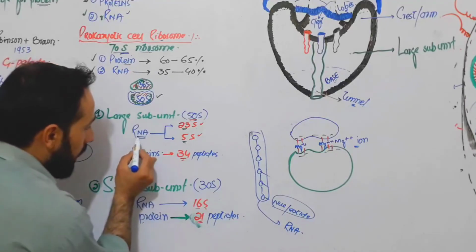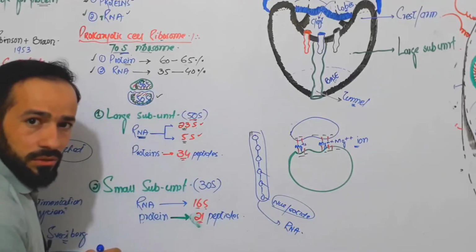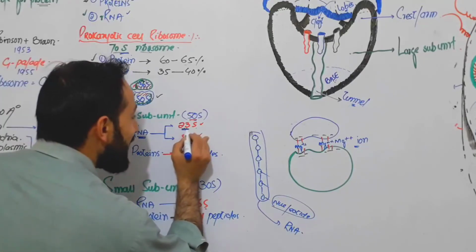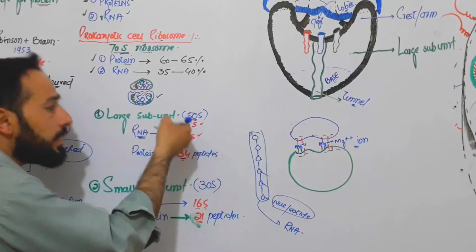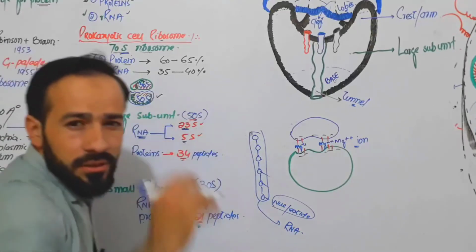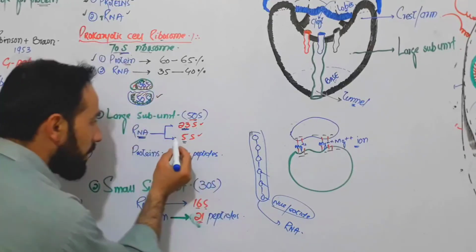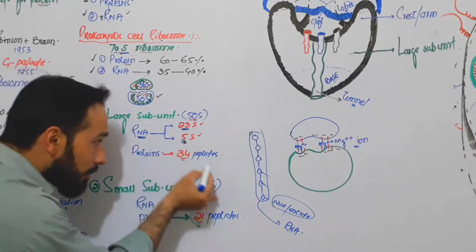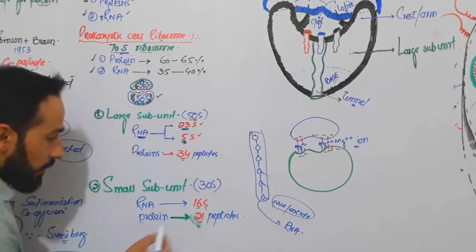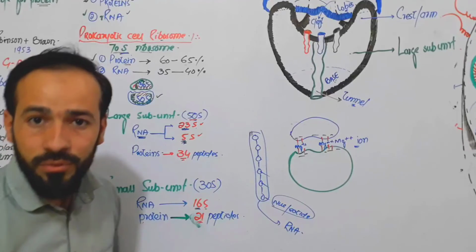The RNA must contain nucleotides. So this 23S RNA which we are talking about, how many nucleotides will be present in it? And in the case of 5S RNA, what will be the number of nucleotides? And in the case of 16S RNA, what will be the number of nucleotides?